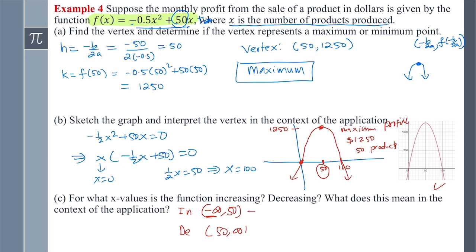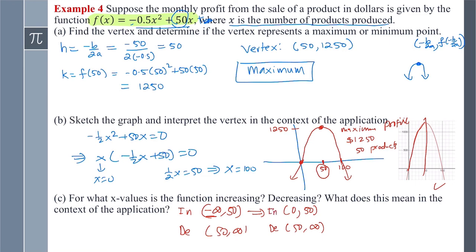In the context, we have to start at 0, because if we don't produce anything, that's 0, but it's not a negative number of items. So from 0 to 50 is the interval where the function is increasing. And from 50 to infinity, because we can produce as many as we want, is the interval where the function is decreasing.